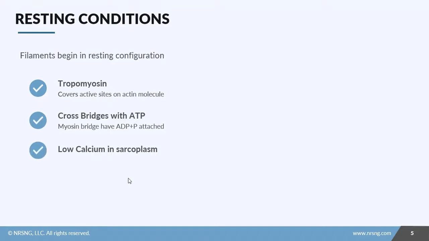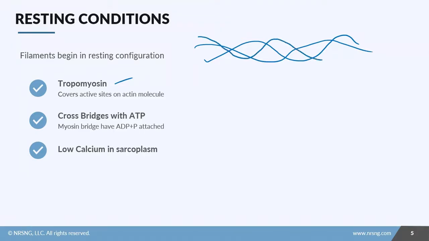So what are the resting conditions that need to be in place before we actually have a muscle contraction? Well, a couple things need to happen. First off, your tropomyosin needs to be covering the active sites on the actin molecule. You'll see this in a second, but basically you have this thing that looks like this. This is your actin molecule. It looks double helical. And then you have this other thing, which is your tropomyosin, and in its normal spot, it covers the active sites.